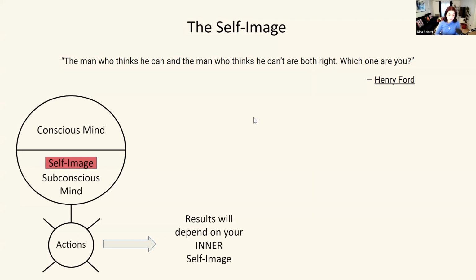It's all stored in the subconscious mind. So unless and until we bring it to the surface, we won't be able to actually see what's going on in there. So how do we know what kind of self-image is stored in our subconscious mind? What kind of self-opinion and self-belief do we have of ourselves?